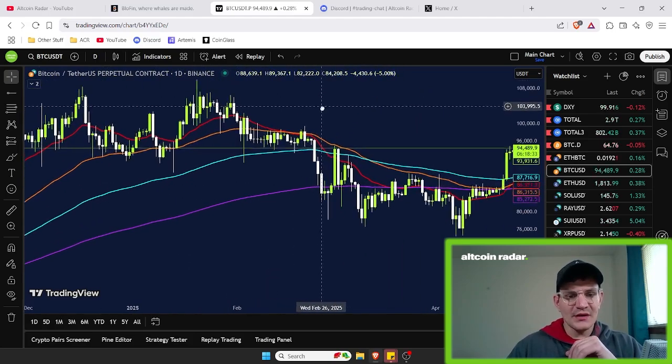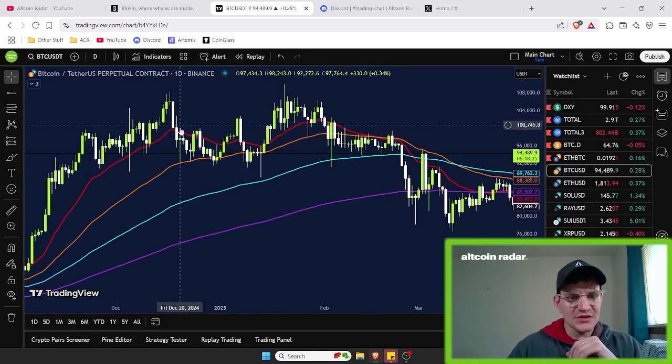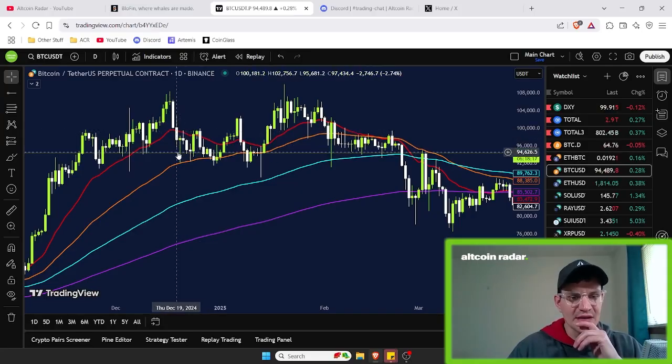So we're in a downtrend right here, and as you guys can clearly see, we did end up coming down right in here. Actually, here's a good example right in here too. This one came all the way down to the 50, and then it came down to the 100.